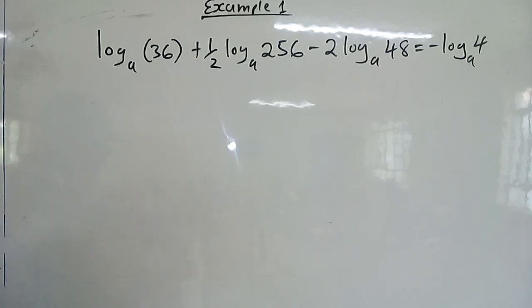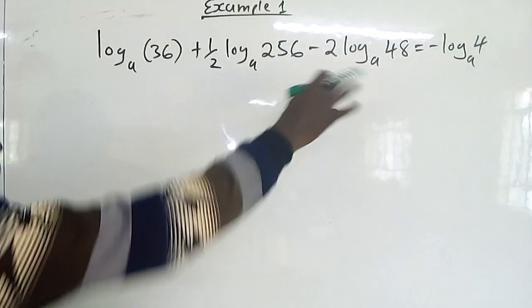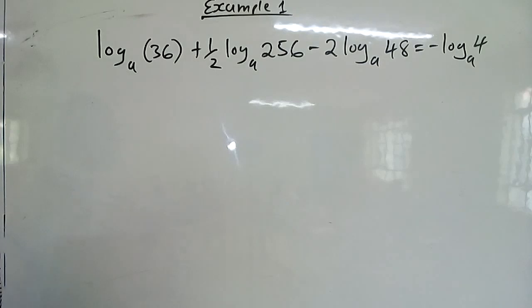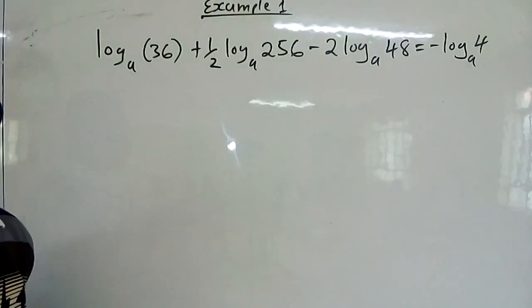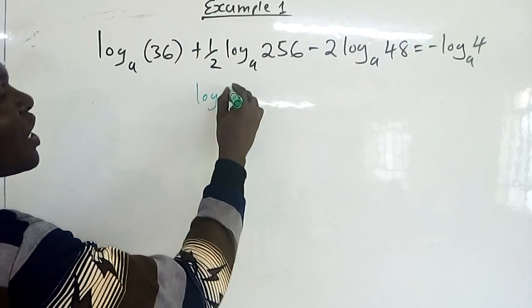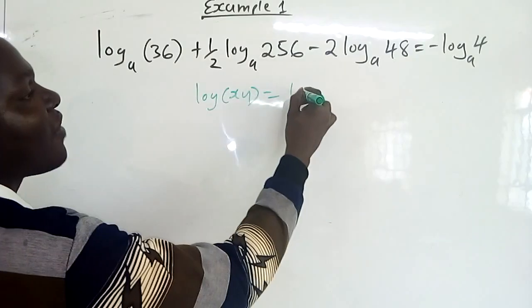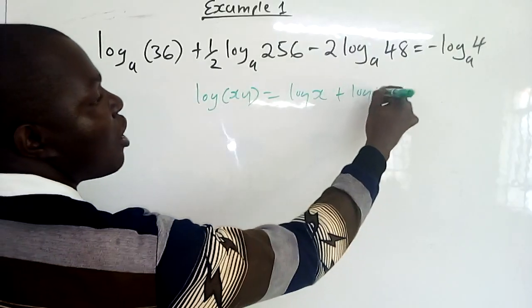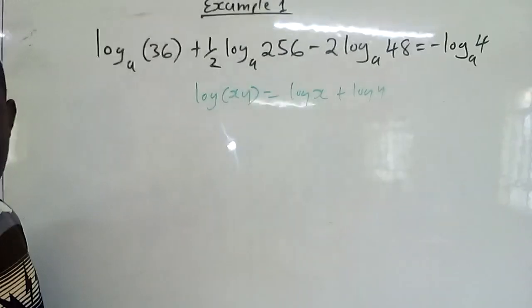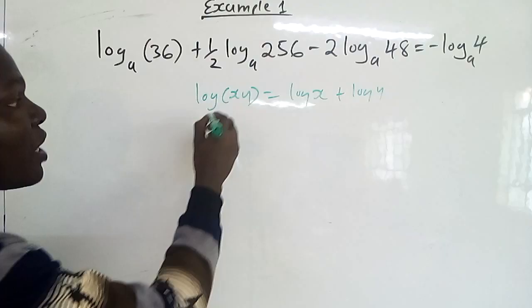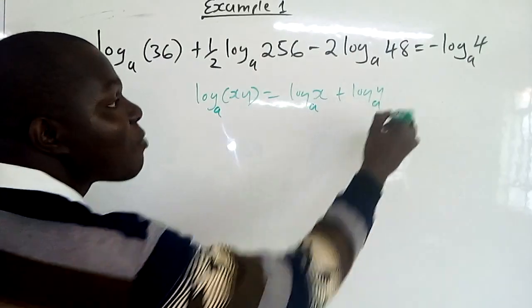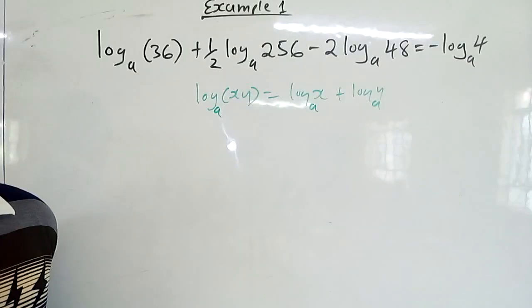If you have the same base with an addition or subtraction sign, then you can use this law, isn't it? If you have log xy, that is the same as log x plus log y. The base must be the same all through, meaning if this is base a, those other ones must be base a, you see that?